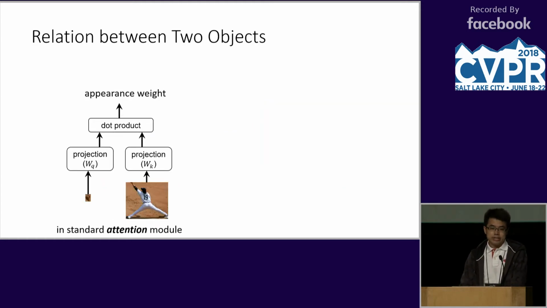Specifically, in the standard attention module, only appearance feature is used to measure relation between elements. The appearance feature is first projected into a subspace, and then in the subspace, we measure how well two elements match each other by dot product.